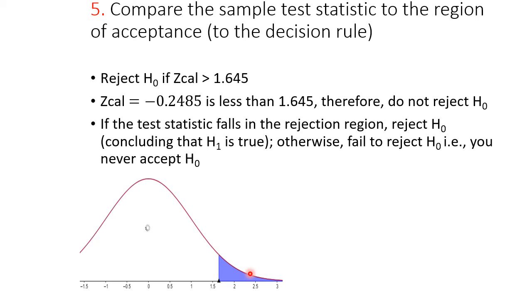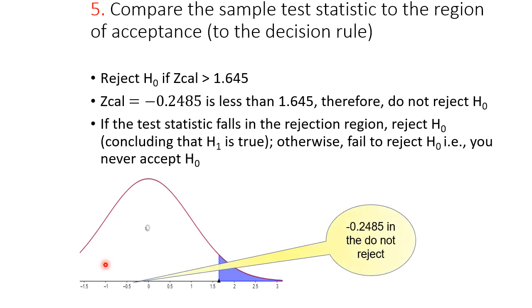But if you do not reject H0, or you fail to reject H0, it means then that H0 is true. Cool.